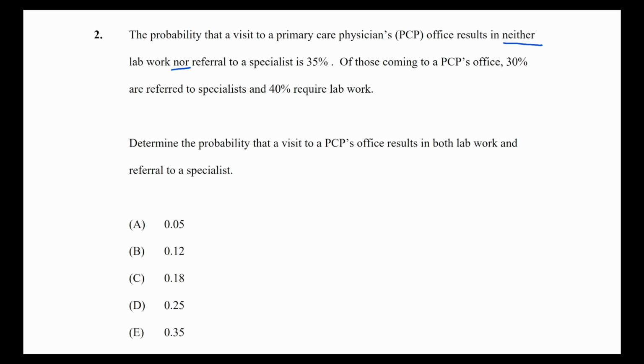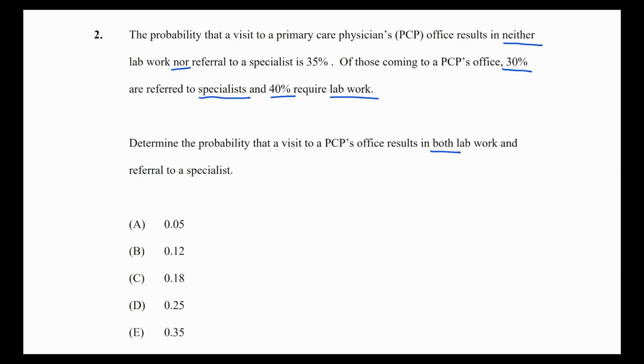Of those coming to a PCP office, 30% are referred to specialists and 40% require lab work. Determine the probability that a visit to a PCP office results in both lab work and referral to specialists.